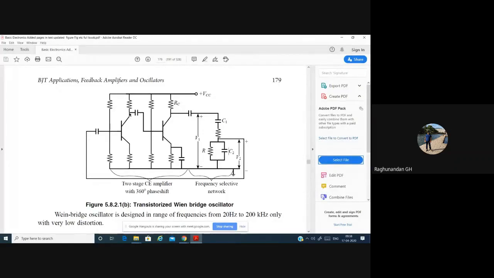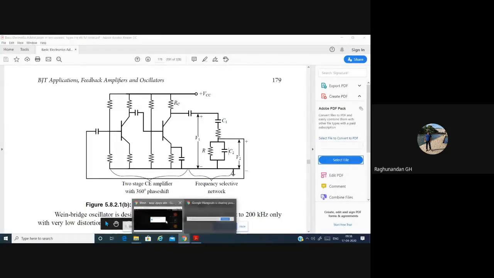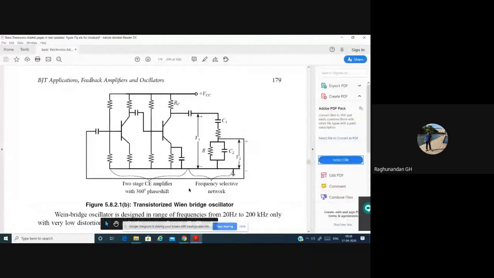From the collector we take the output and feed it as input to the next voltage divider circuit, and across the collector of the second circuit the output is taken. The combination of these two voltage divider bias circuits is used for producing the phase shift.